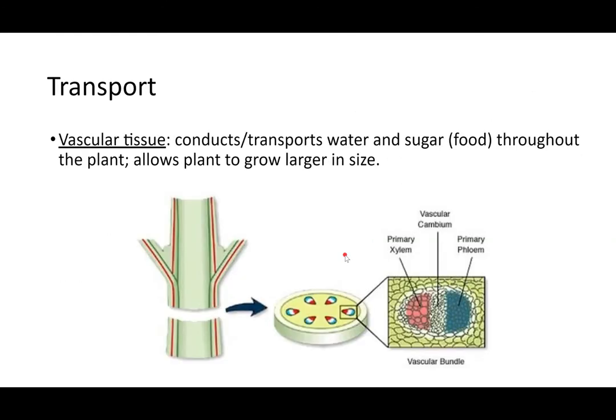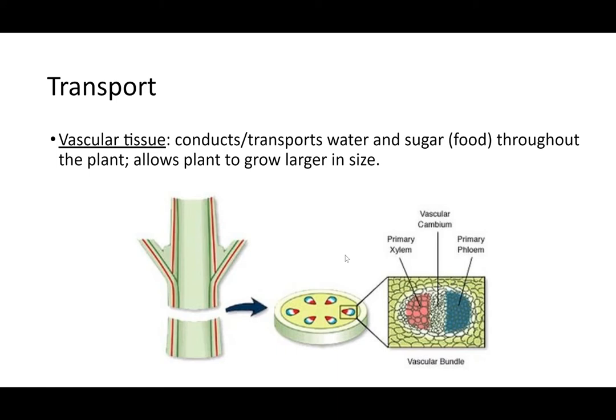So let's talk about the transportation of water and other nutrients. The vascular tissues in the plants are responsible for transporting water and food throughout the plant. The vascular tissues are what allow the plant to actually grow larger in size.